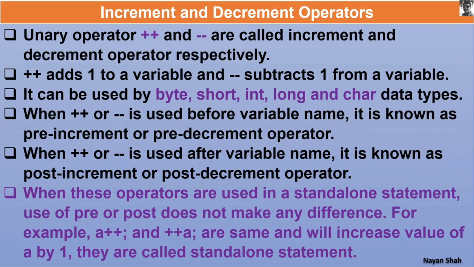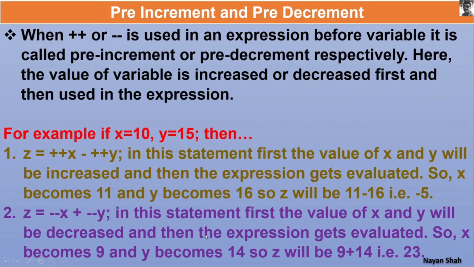As I said, the second one here, plus plus a, where the increment operator is used before the variable. Here the value of the variable is increased or decreased first, and then it is used in the expression.